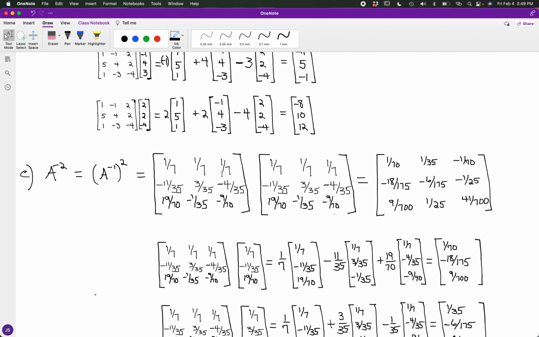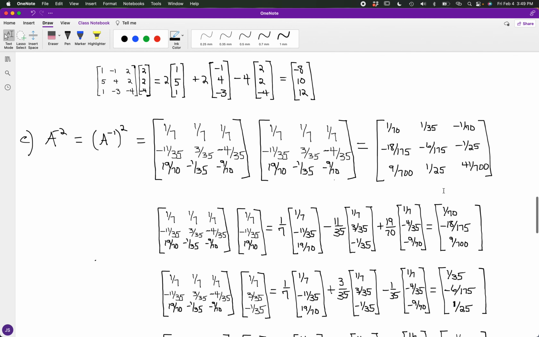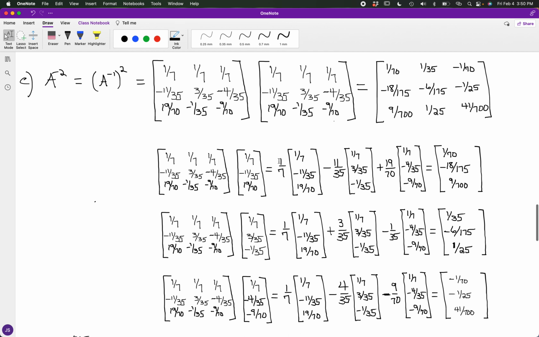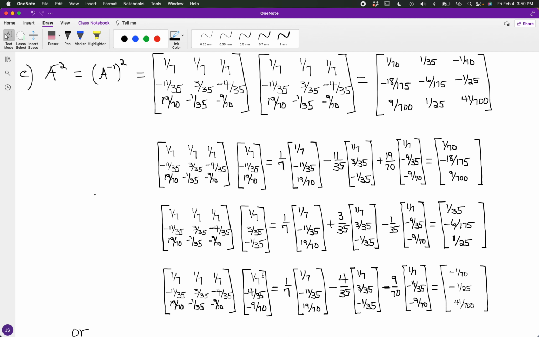So for the inverse times itself, you're looking at the inverse matrix, itemizing the first row, middle row, last row, and then taking the top number as x1, the middle from the 3 by 1 as x2, the last as x3, as we work with these itemized 3 by 1 matrices.